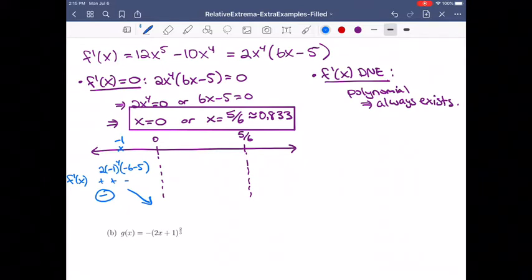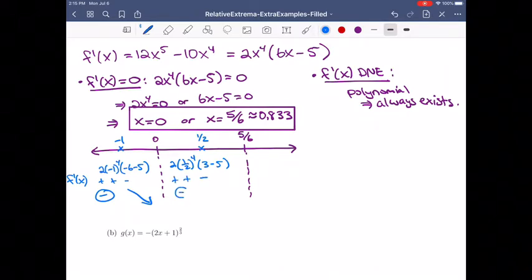Something between 0 and 5 over 6, it may be 1/2. If I plug that in, it's 2 times 1/2 to the power 4 times, now 6 times 1/2 is 3, minus 5. So again, I have a positive and a negative.